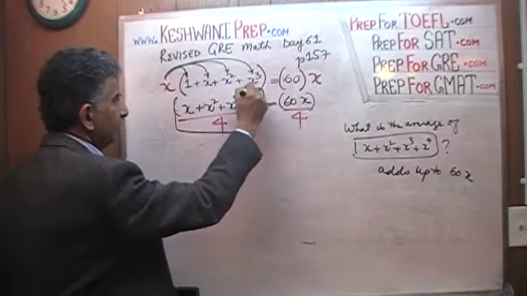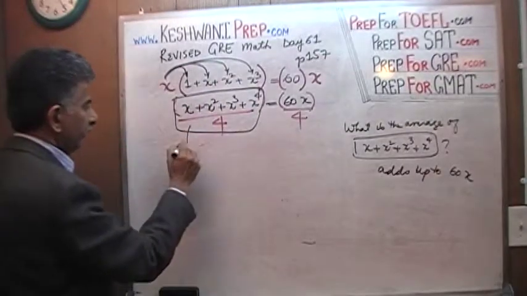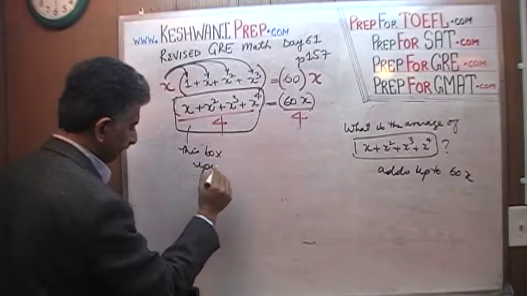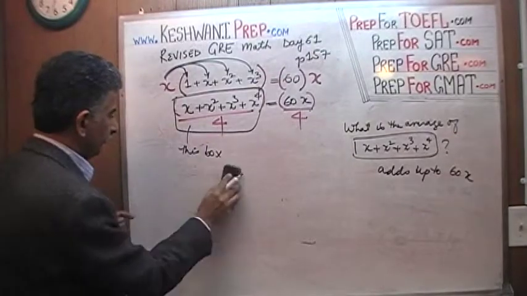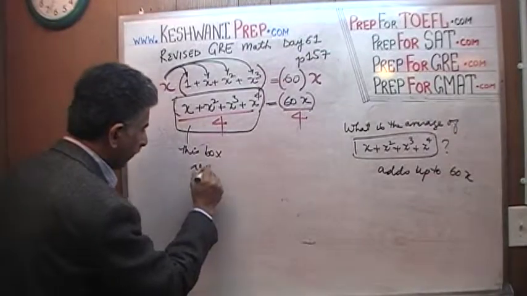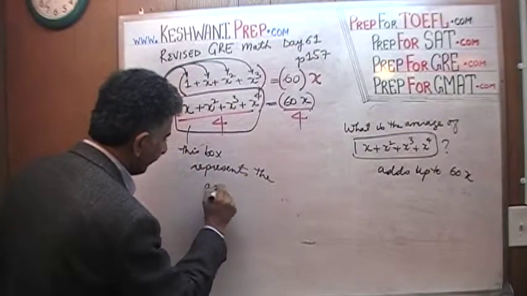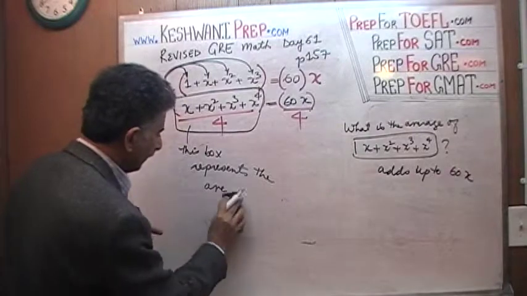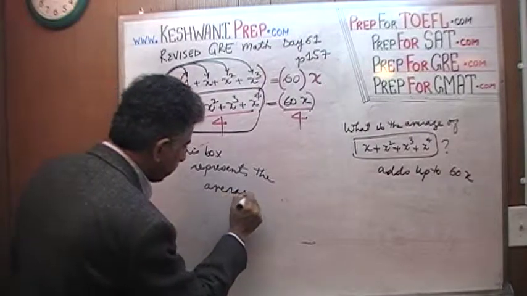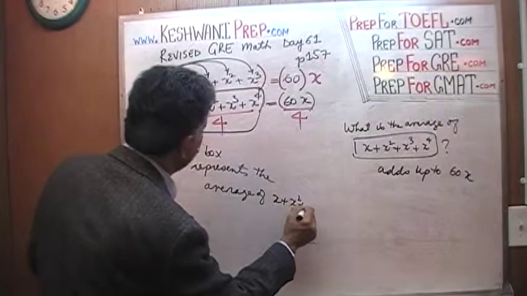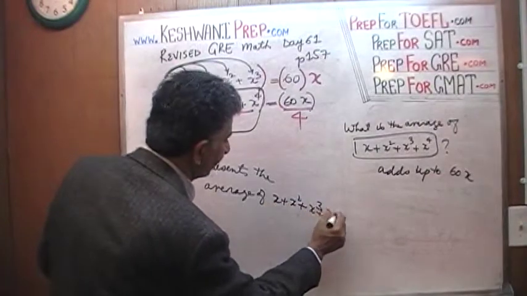This box represents the average of x plus x squared plus x cubed plus x to the 4th.